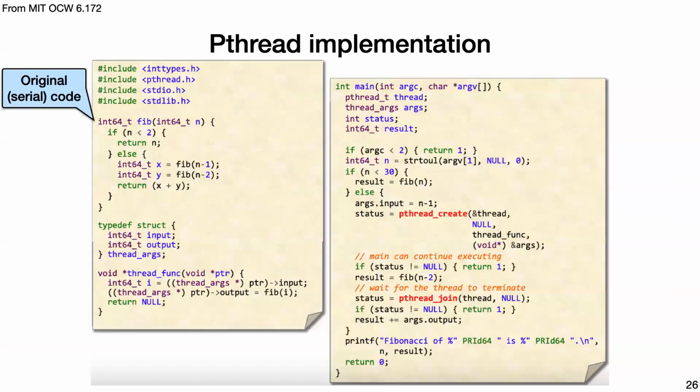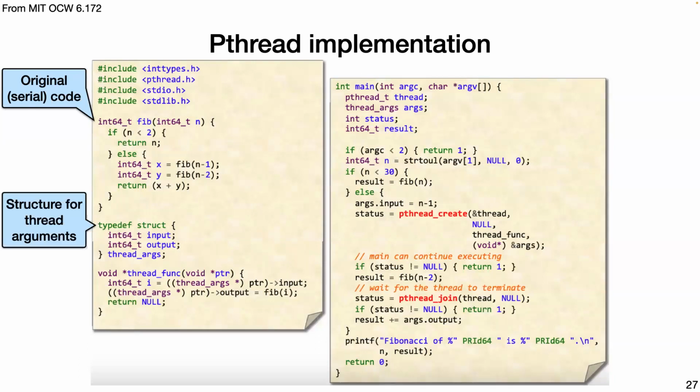Okay, so this is the original serial code that we just looked at, the main fib function. To do it in pthreads, here is the thread args that I was talking about. You need both an input and an output for your thread args, because you have to capture what n is going in and what your fib number is coming out.